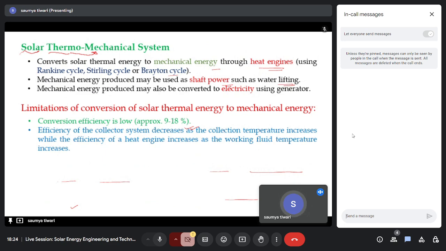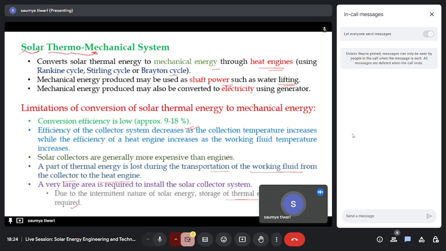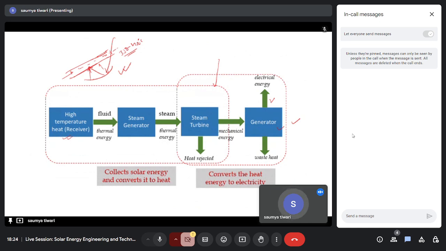But if we increase the working fluid temperature, then the efficiency of the heat engine in this solar thermomechanical system increases. If you see here, we have this high temperature heat receiver in which your fluid is fed, right?